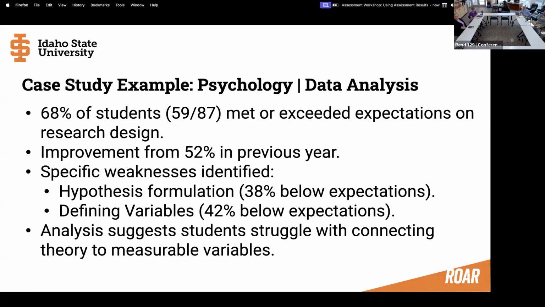Nice identifying that. But based on the rubric, that's an improvement, but the rubric obviously also differentiated between hypothesis formulation and defining variables. So the analysis is, they're having a hard time connecting the theory to measurable variables.